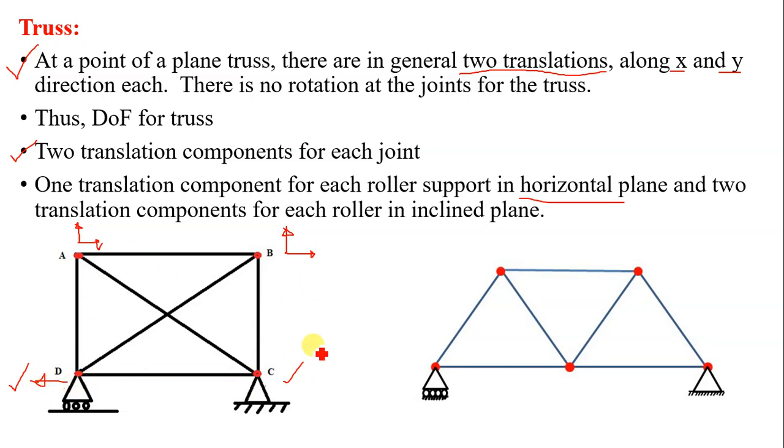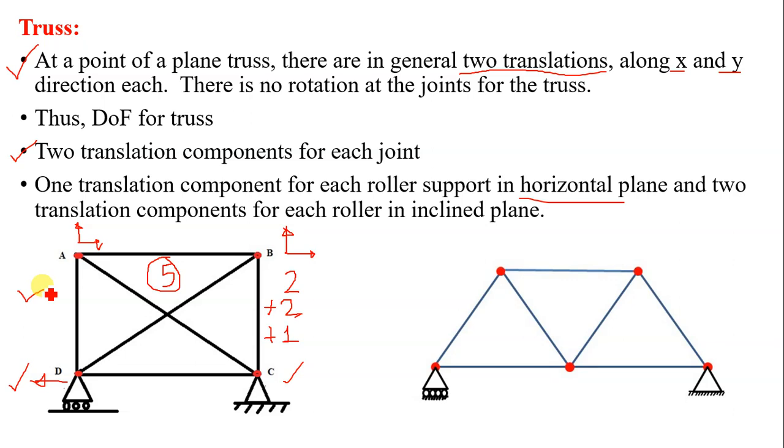And thus for this particular truss, there are four components, two for A, two for B. So two at A, two translations at B, plus one translation at D, and thus there are a total of 5 translations or degrees of freedom, and hence the degree of kinematic indeterminacy for this truss is equal to 5.